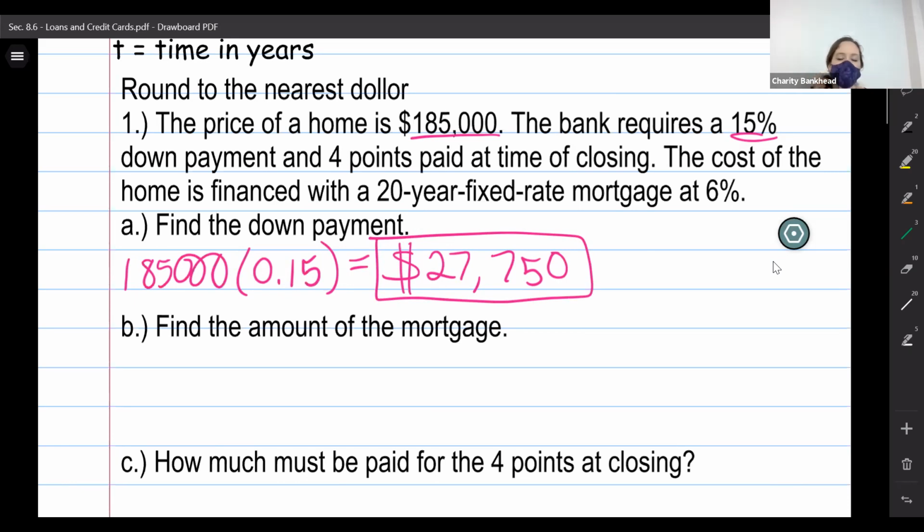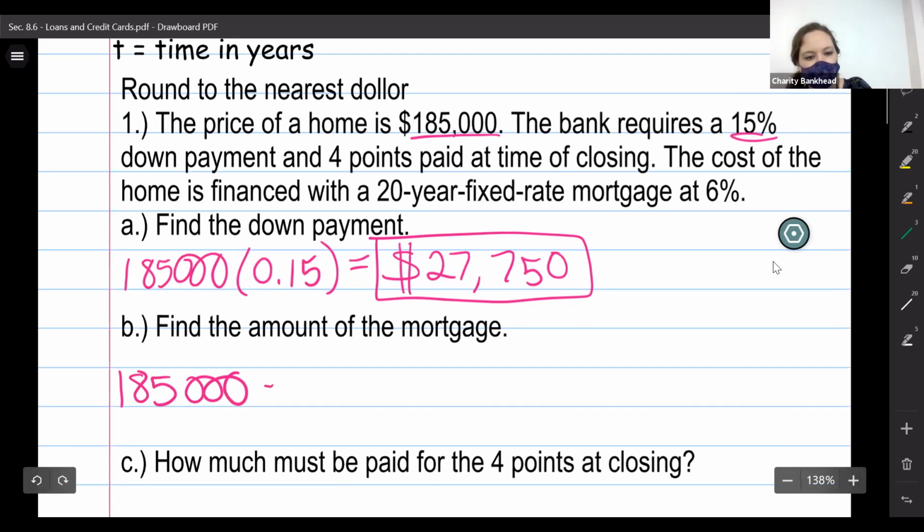So part B says find the amount of the mortgage. So that means find the amount that you're actually going to borrow. So it's going to be the price, which is 185,000 minus your down payment. Since you're already paying that amount up front, we take that off of the amount that you actually are going to borrow.